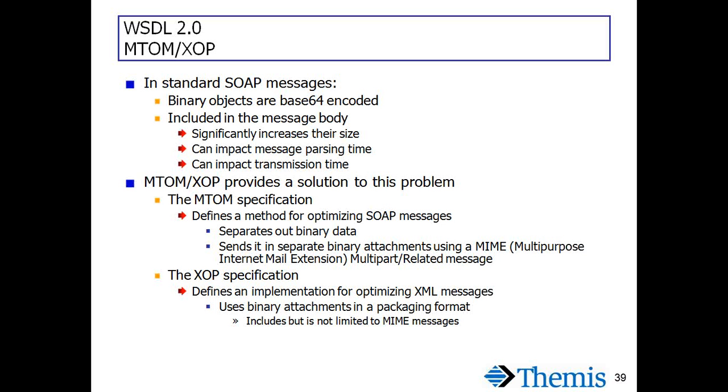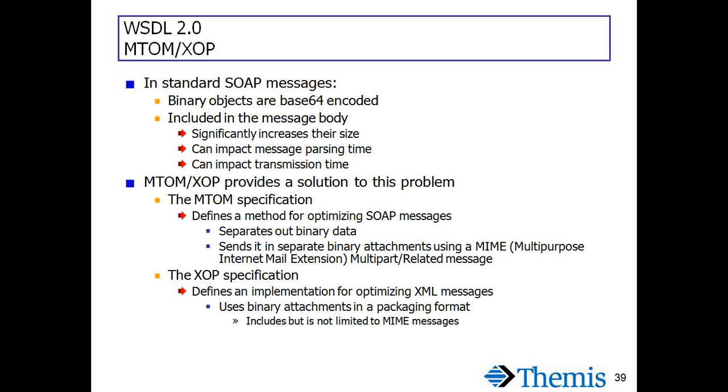CICS doesn't care, can't parse them, whatever, but it will encode them in base 64, which essentially is taking 2 bytes and making it 3, so it can be sent across the wire and it doesn't get misconstrued as TCP/IP type control commands. It is going to increase the size of the body because we're now adding these binary objects. Several K, 100K, 500K, megabyte in size, right? These could be rather large.